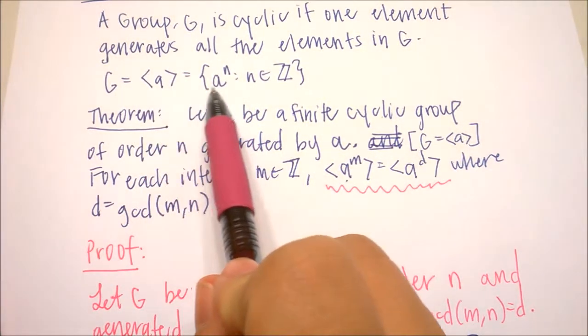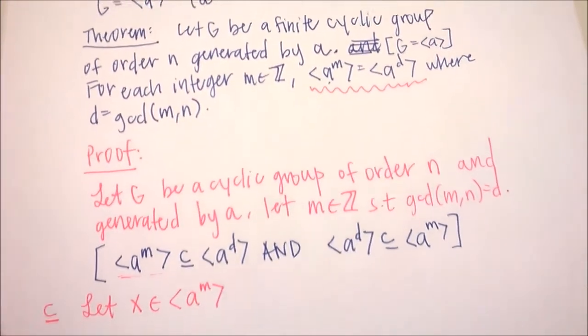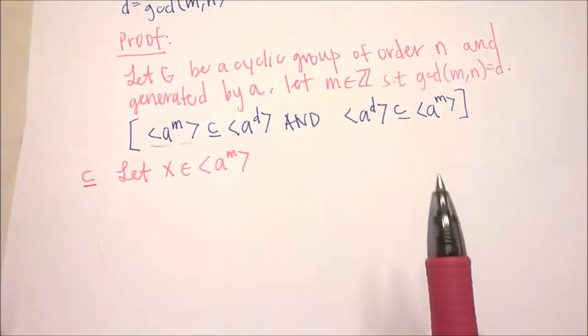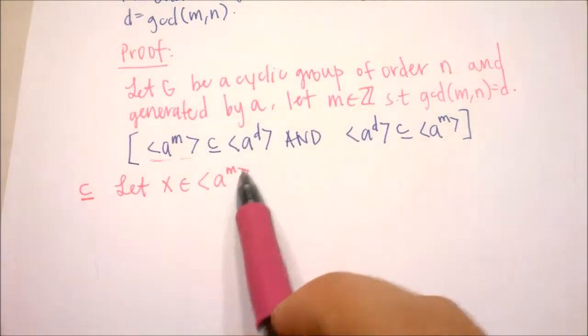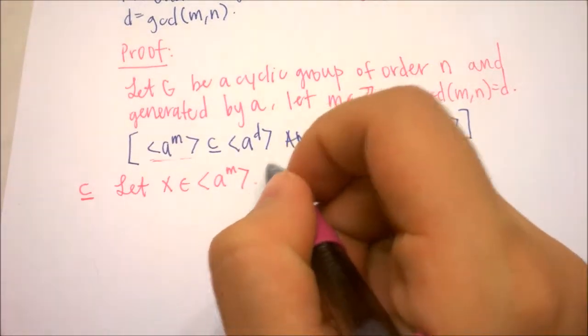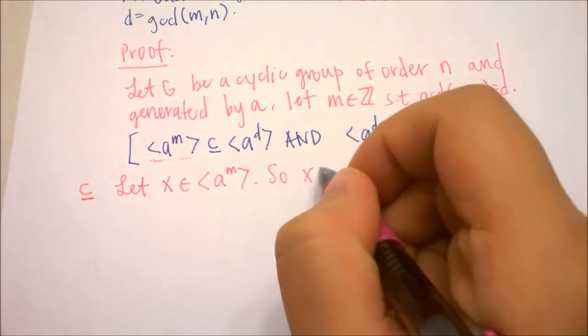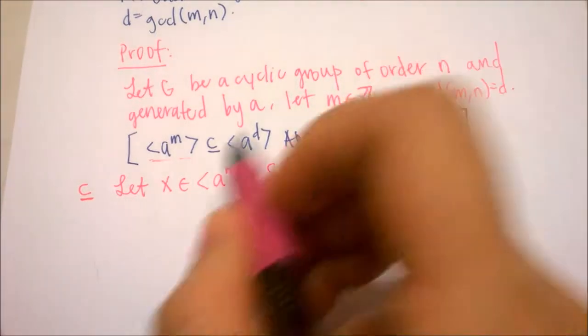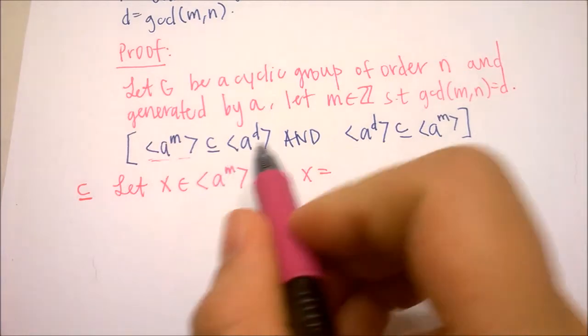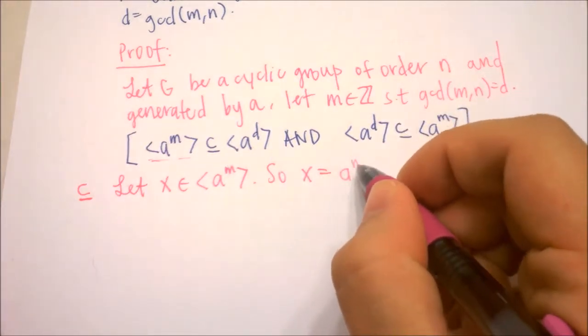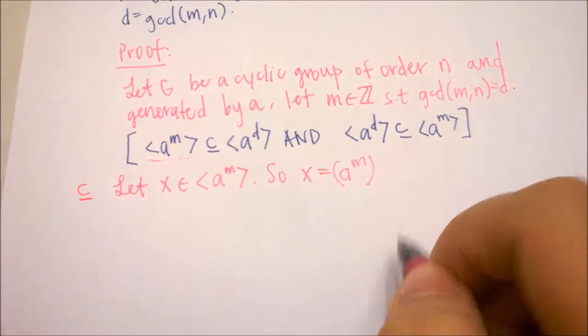So this is our definition. If x is an element of this group, then x is equal to (a^m)^k, where k is an integer.